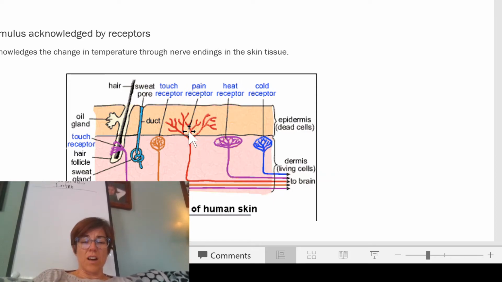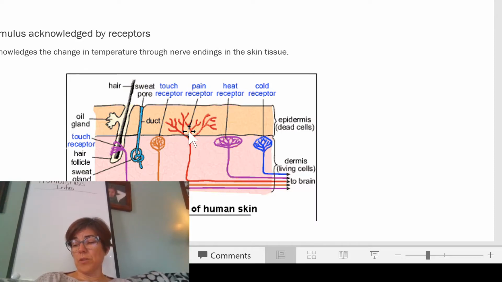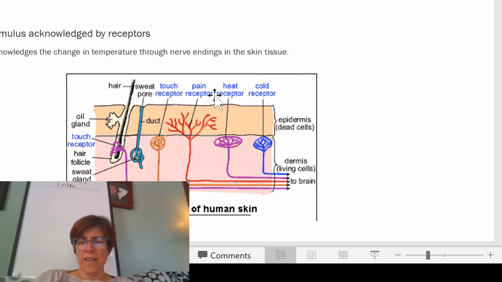So there's a feeling of pain. The heat receptor picks up if the room or the circumstances are too hot. And the cold receptor is whether it's too cold. And if you follow my arrow here, you'll notice that they all have arrows that just say, to the brain. And we'll see in a second what happens there.